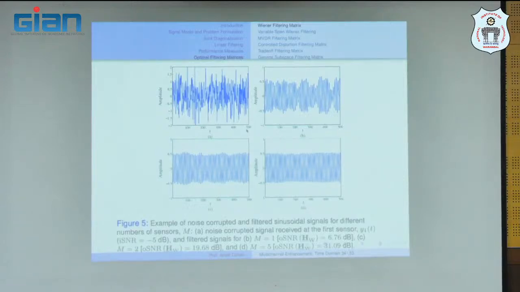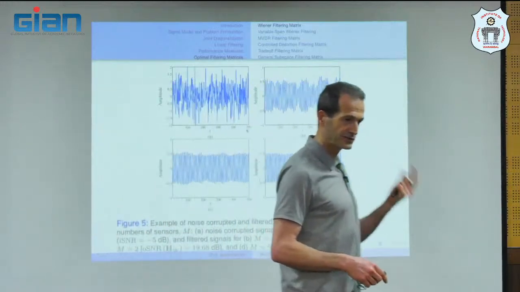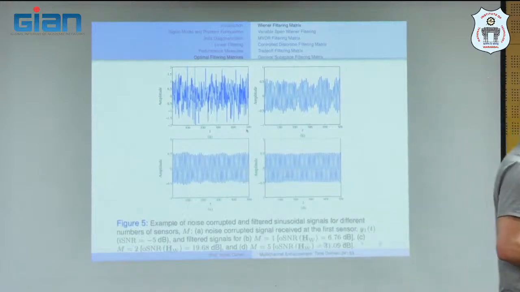And I didn't try to estimate A and F0, the amplitude of the signal, the frequency, and the phase. I only applied the Wiener filtering matrix, but I used this information of A, F0, and the phase.